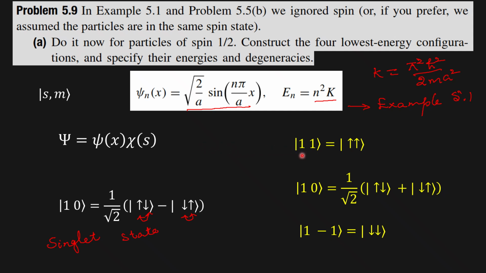Then we will move on to the case where the total spin S is 1 and the magnetic quantum number is 1. That means both particles are in the spin up state.